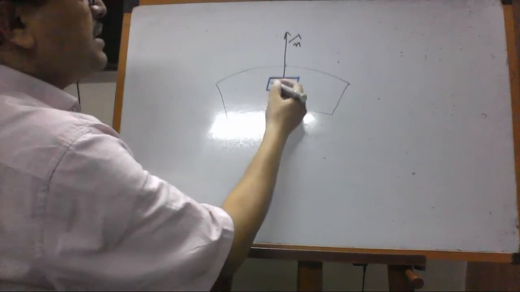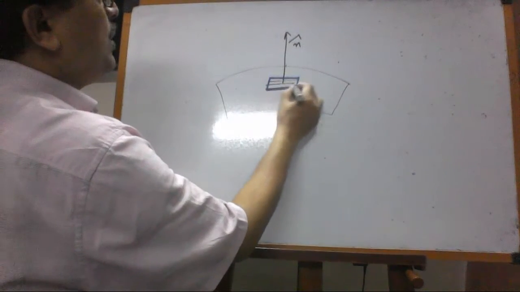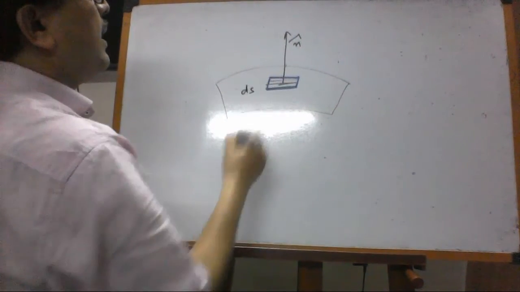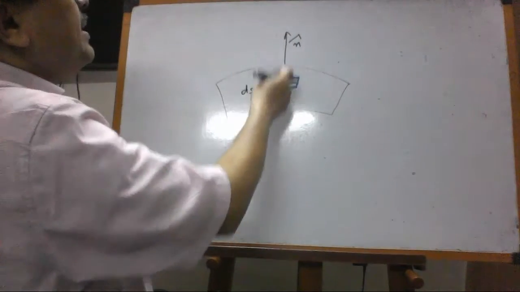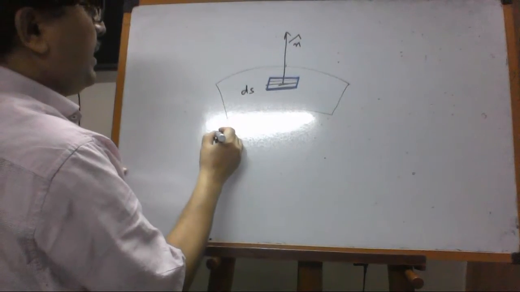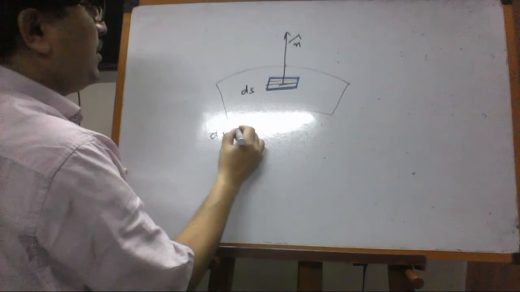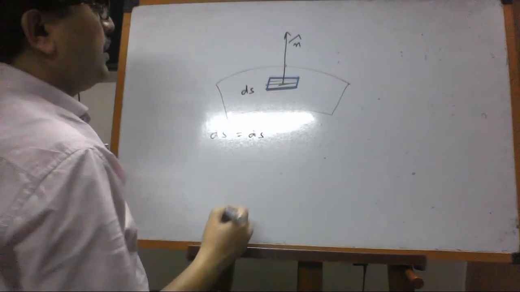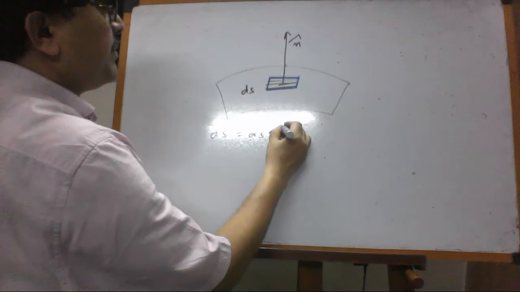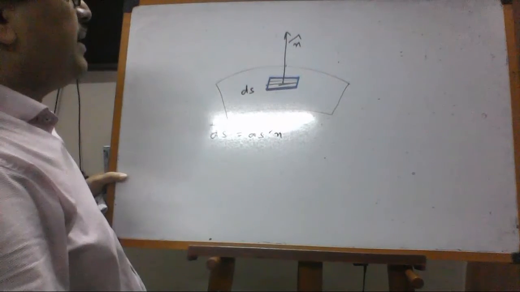So if this small area is of magnitude ds and unit vector assigned to it is along n cap, then one can write area vector ds is equal to ds, the magnitude of the area, multiplied by n cap. This is the presentation of area vector.